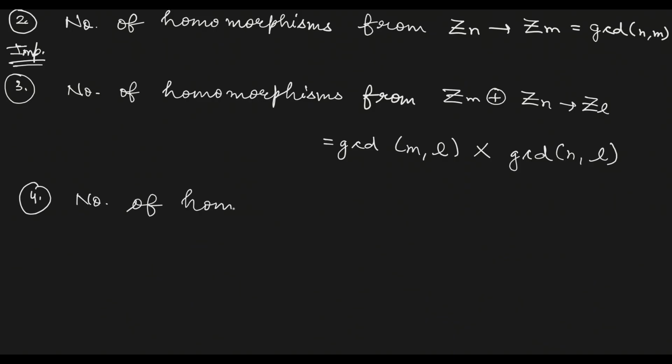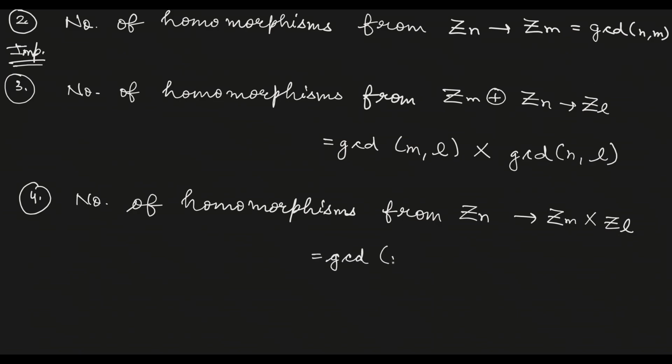The number of homomorphisms from Zn to Zm cross Zl is GCD of n comma m into GCD of n comma l.